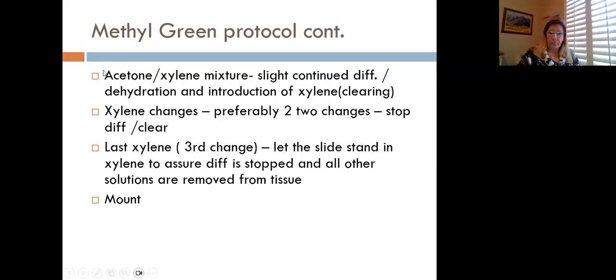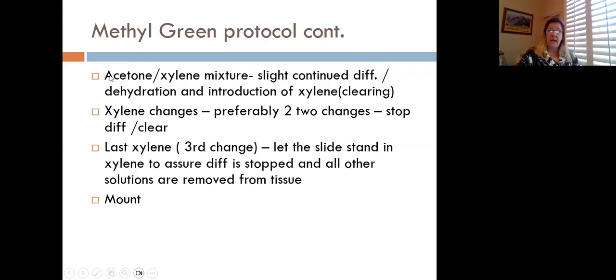Then you're going to go into an acetone xylene mixture. So that initial dip in acetone is differentiating. Then this acetone xylene, it's a 50-50 mix. You're still going to have a little bit of differentiation from that acetone, but we're actually starting to clear with this xylene.